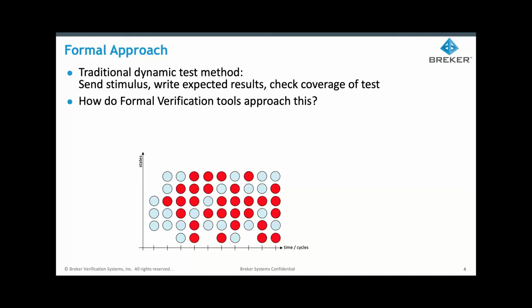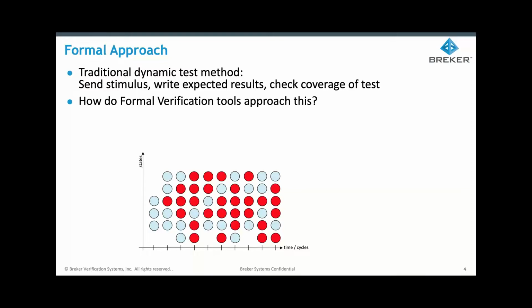So with formal verification, we have this concept of a state map where essentially we look at the states in some manner like this, where states are on a vertical axis and the time and execution cycles are on the horizontal axis. So if we imagine the design is being clocked and the different states are changing as we move through that, some of the states are legal and can be used, the blue ones, and some may be red and illegal states, but all potentially can exist in the design in some way.